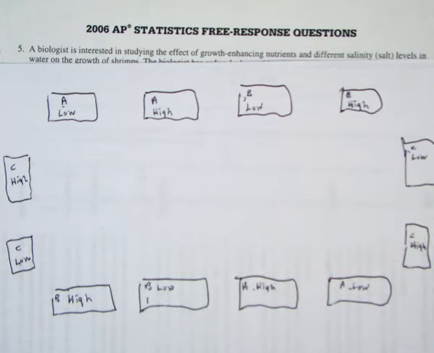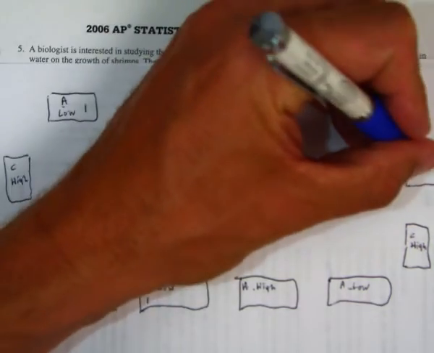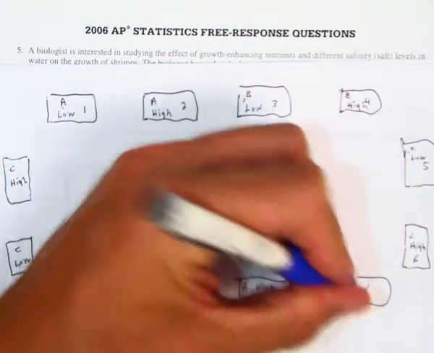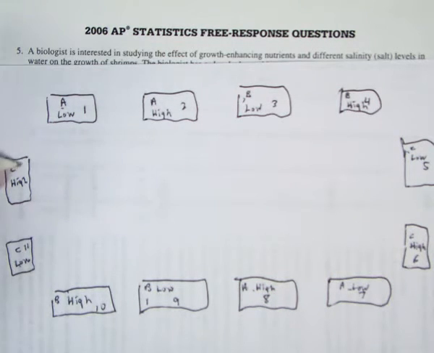Okay, so all we're going to do is just number the tanks 1 through 12. Alright? And then what we're going to do is take 10 shrimp at a time, and we're going to randomly select a number from 1 to 12, and we're going to put the 10 shrimp into that tank.